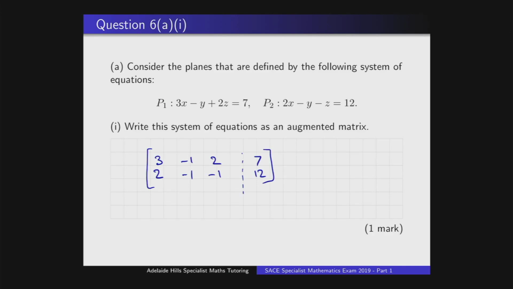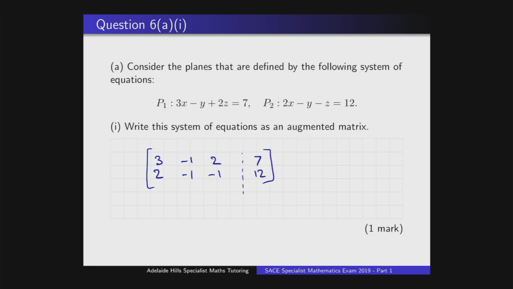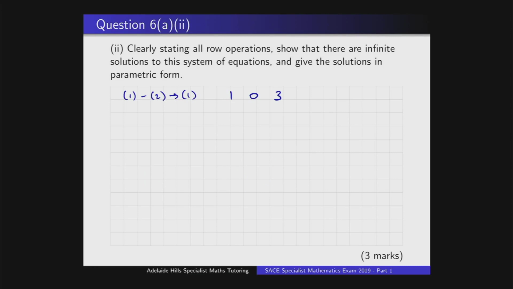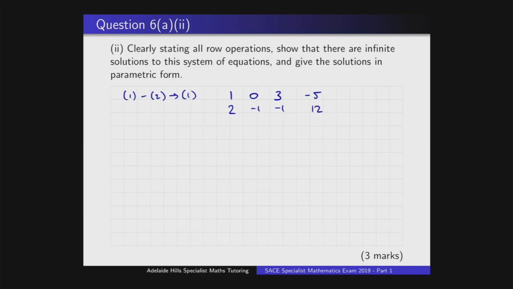Then 2 minus minus 1 will give us a 3. And the last term is going to be 7 minus 12, so that's minus 5. We haven't changed the second row, so the second row is still 2, minus 1, minus 1, 12. That's our equivalent matrix after that row operation.